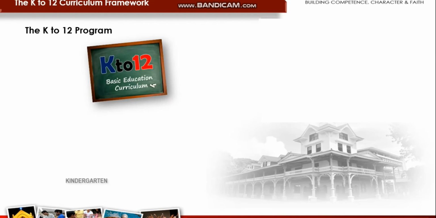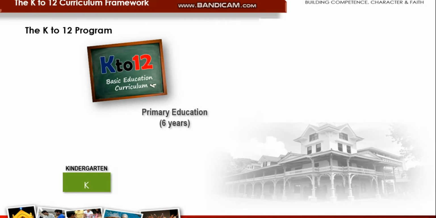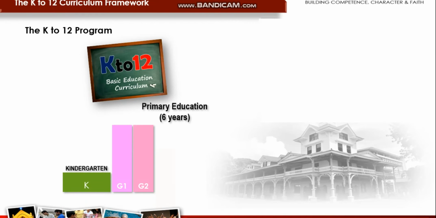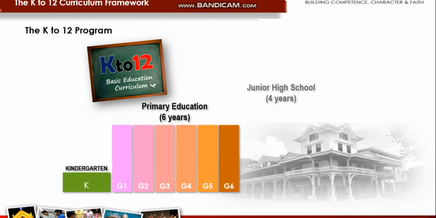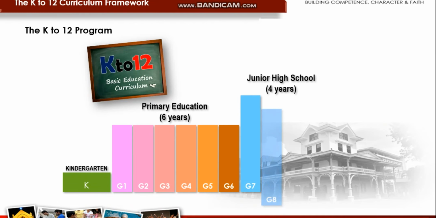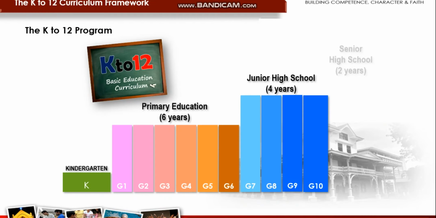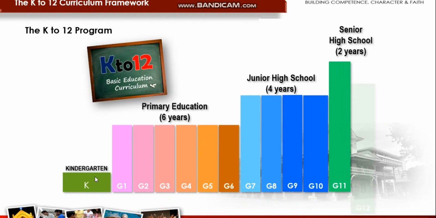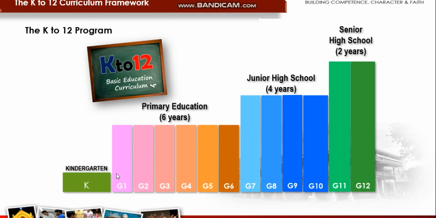To begin with, the basic education curriculum of the country was enhanced with the implementation of the K to 12 curriculum. The K to 12 program covers kindergarten and the 12 years of basic education, which is 6 years of elementary or primary education, 4 years in junior high school, and additional of 2 years for senior high school.